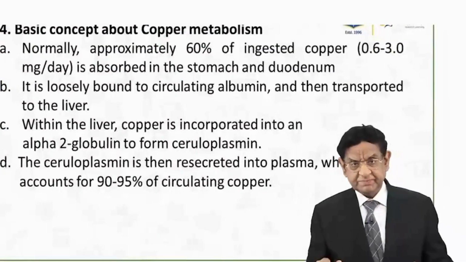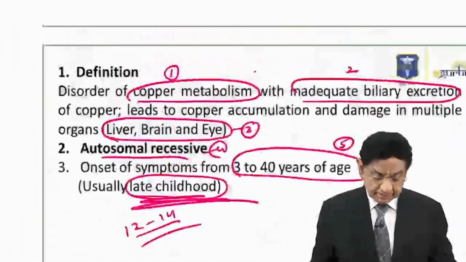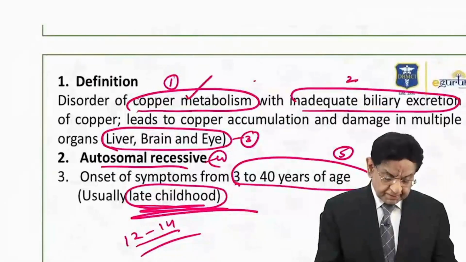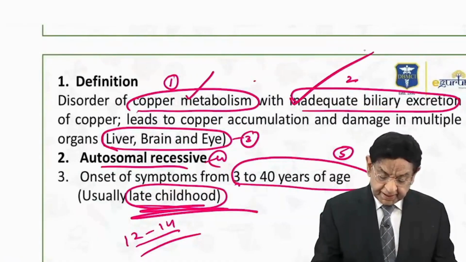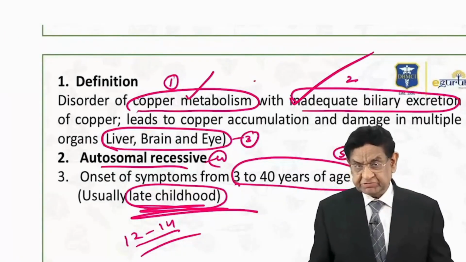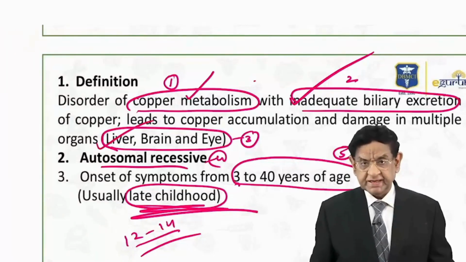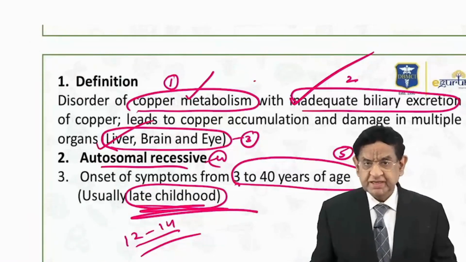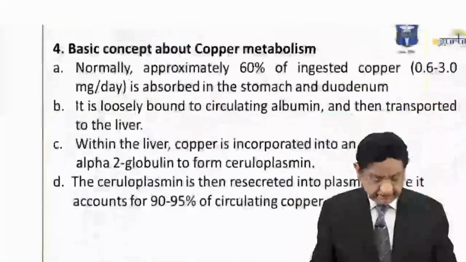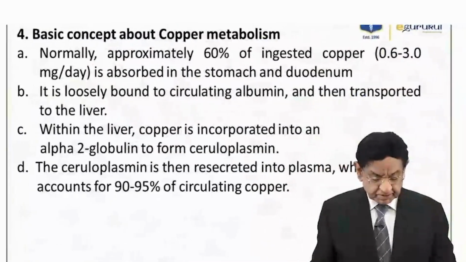What we learned in the previous slide, again we go back. That is a disorder of copper metabolism and impaired biliary excretion of copper, and it gets deposited in the liver, brain and eye. Now these 3 keywords we'll talk in detail when we learn the basic concept about copper metabolism.